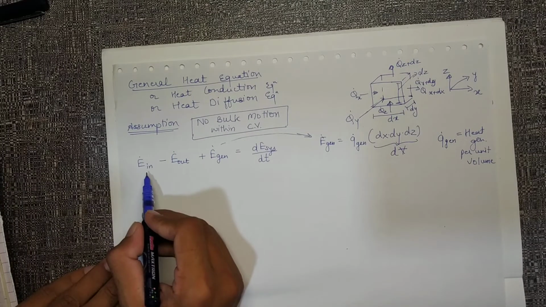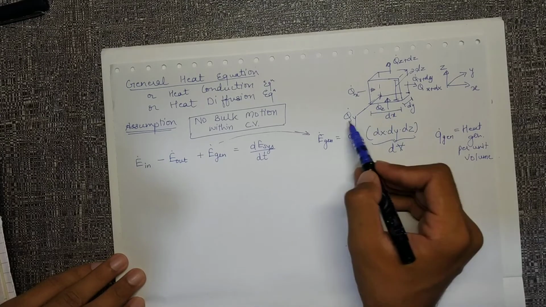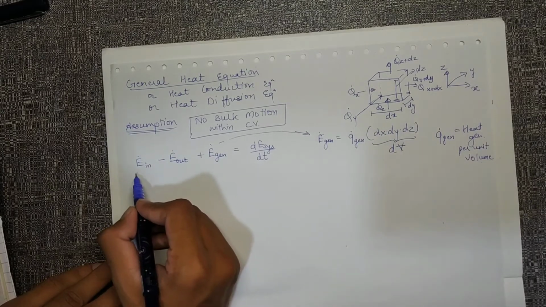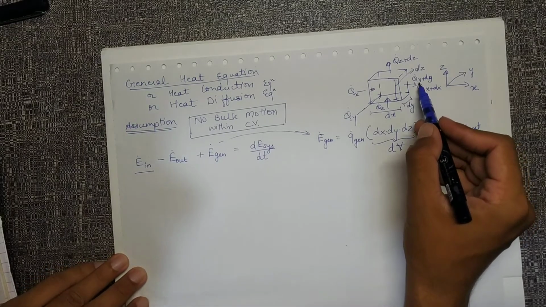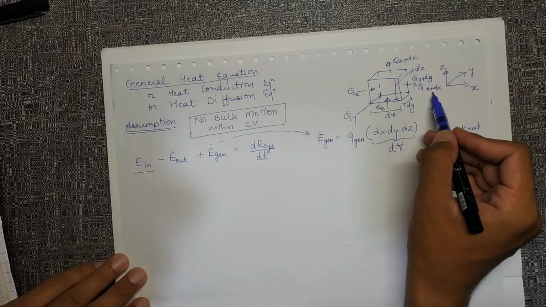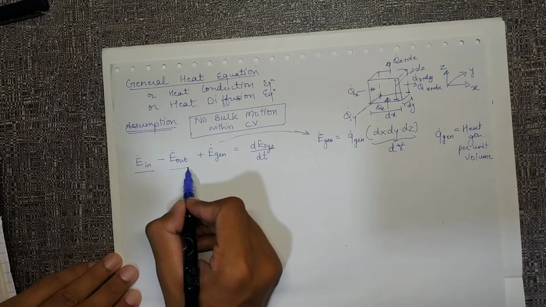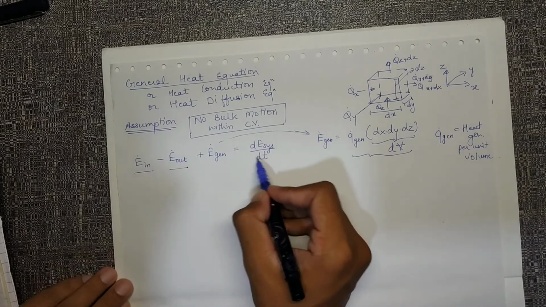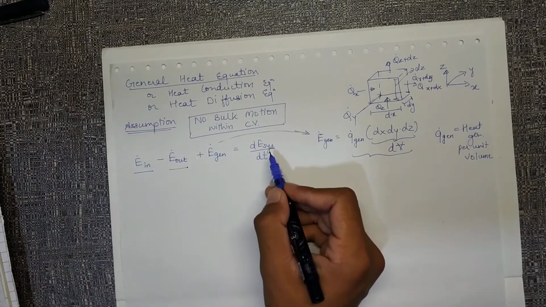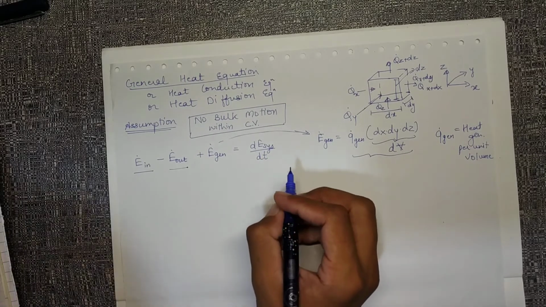Now the q in is q dot x, q dot y, and q dot z. Those are the three terms which will come in q dot in. What will come in q dot out will be q dot x plus dx, q dot y plus dy, and q dot z plus dz. Q gen we have already defined, and the change in energy of the system I'll define right now.